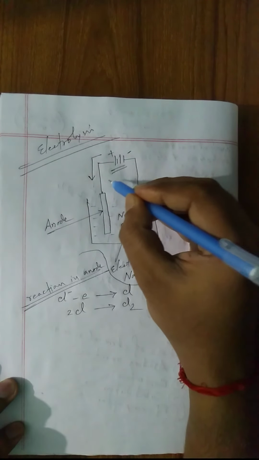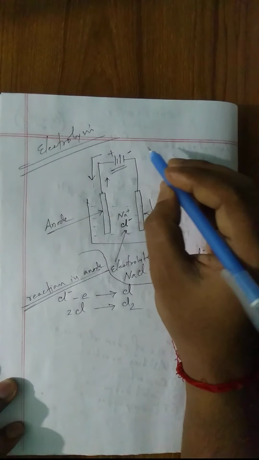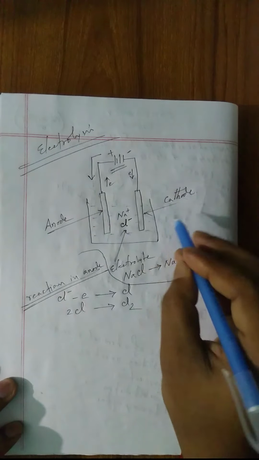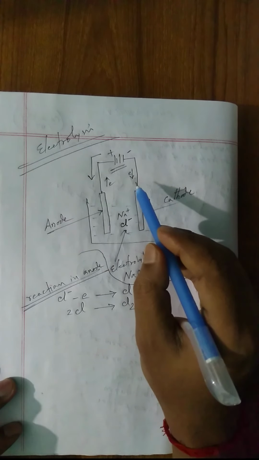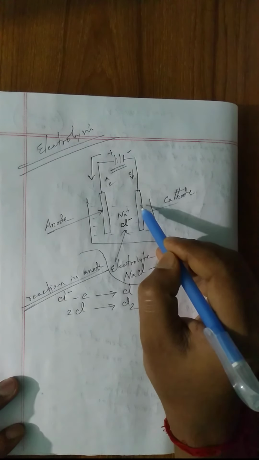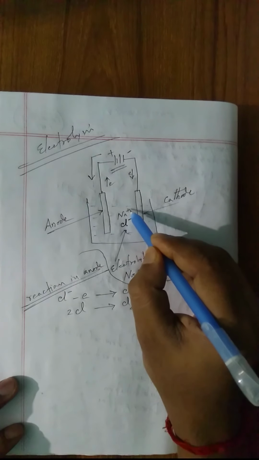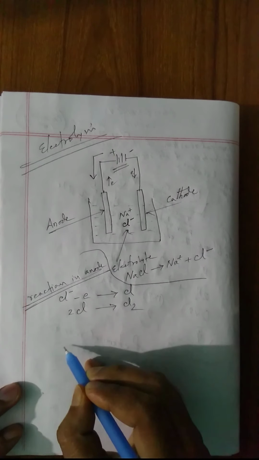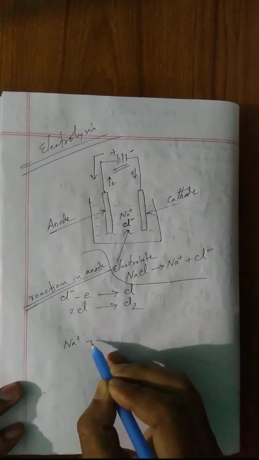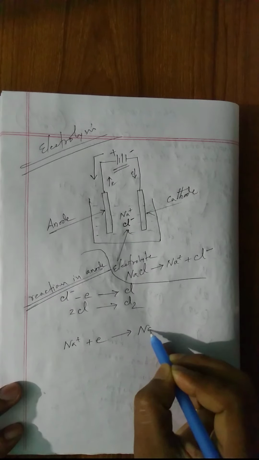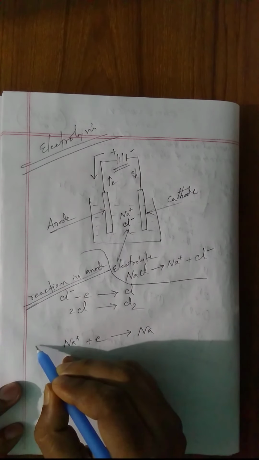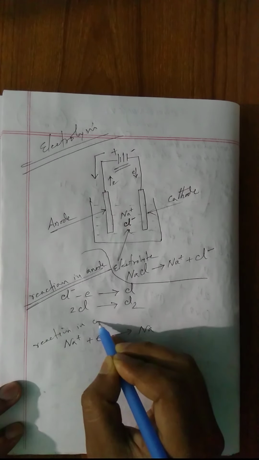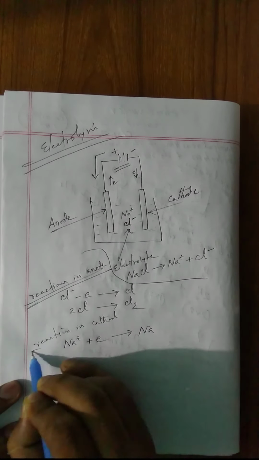Then the eliminated electron flows towards the cathode. When this eliminated electron reaches the cathode, then the sodium ion from the solution will receive that electron and form free sodium, and this is the reaction in the cathode.